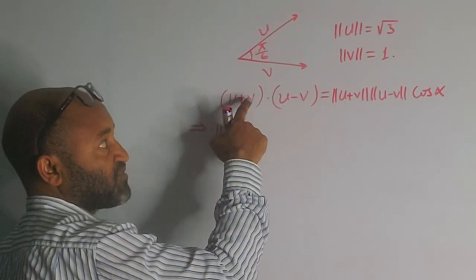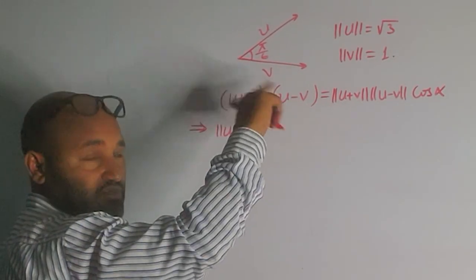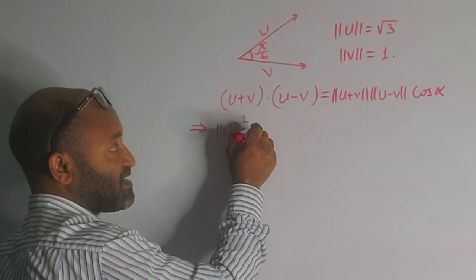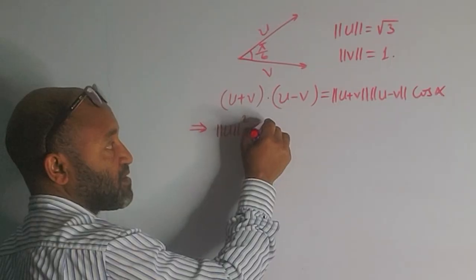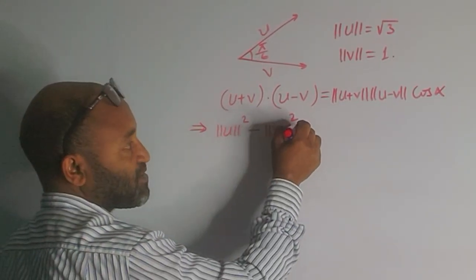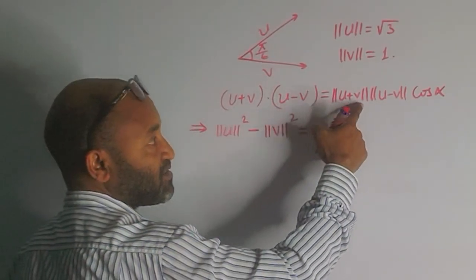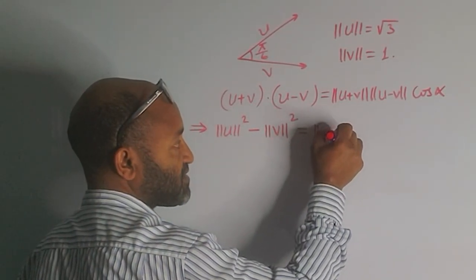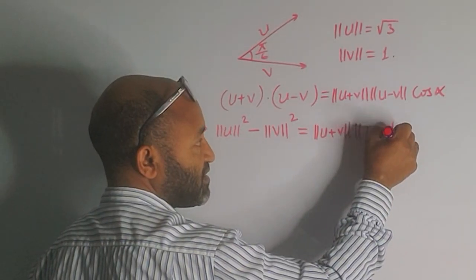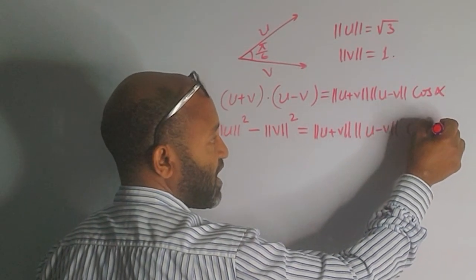U dot minus v, v dot u, that will be cancelled out. So minus v dot minus v, magnitude of v square, is equal to magnitude of u plus v, magnitude of u minus v cos alpha.